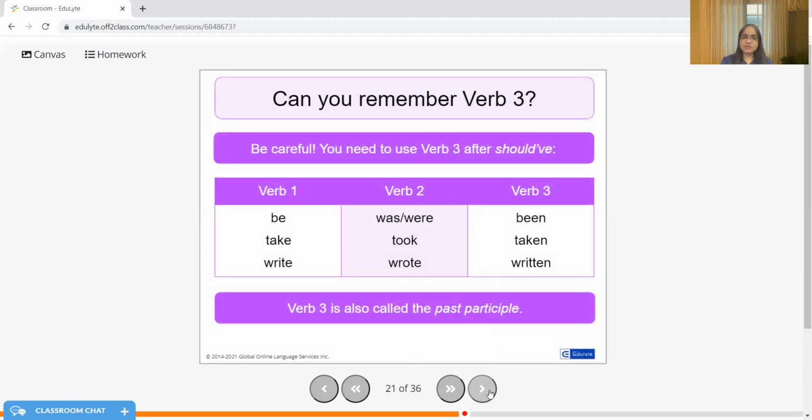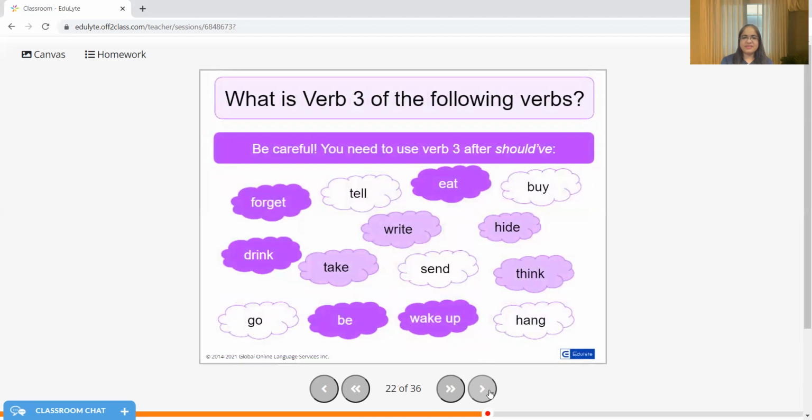So can you remember the third form of the verb? Taken, slept, eaten, gone, been, taken, written, like that. So just for your understanding, what should be the third form of the verb for the given words which are there on your screen? Let's try it together.